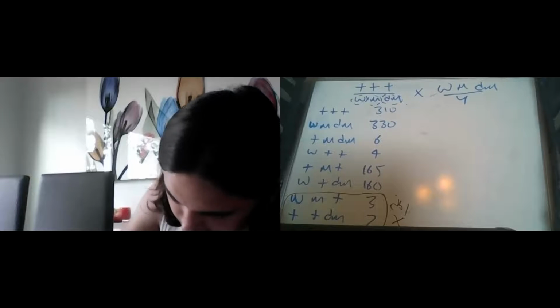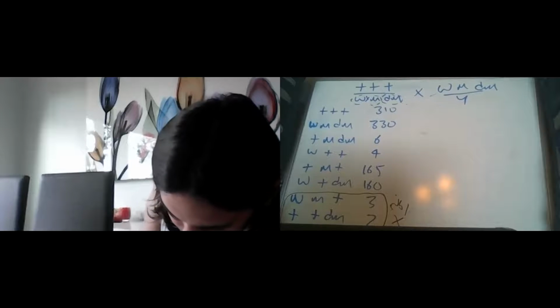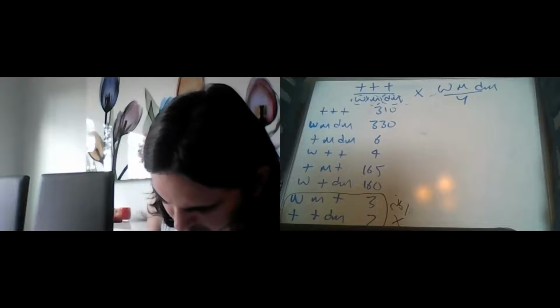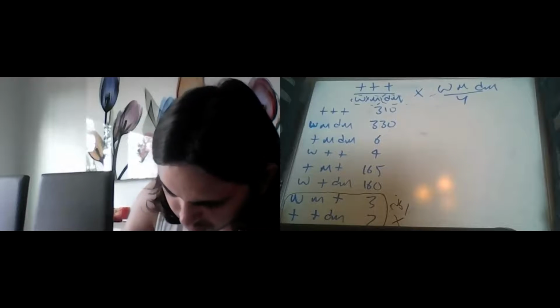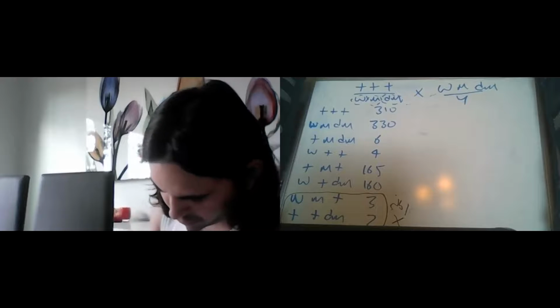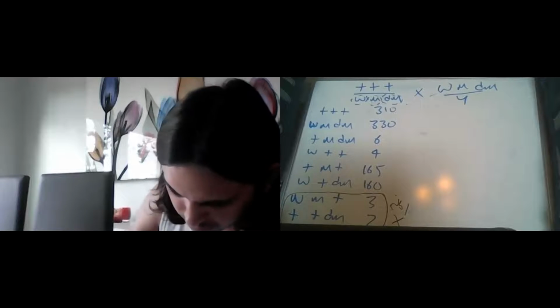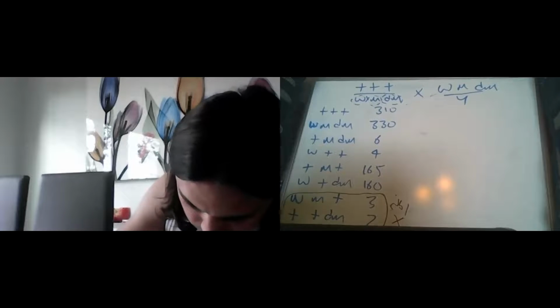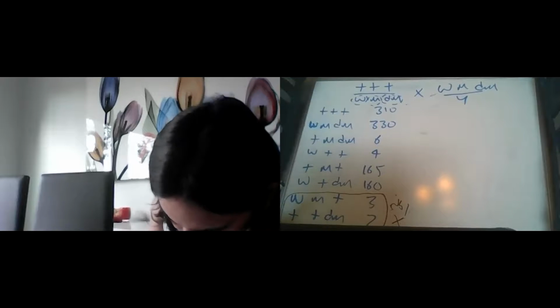Okay, so what's the gene order? Which thing moved? If that was the gene order, what would a double crossover result in, if we have cis linkage at the top?